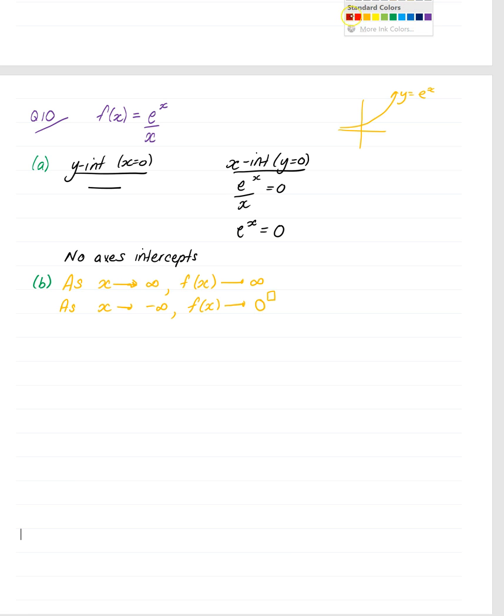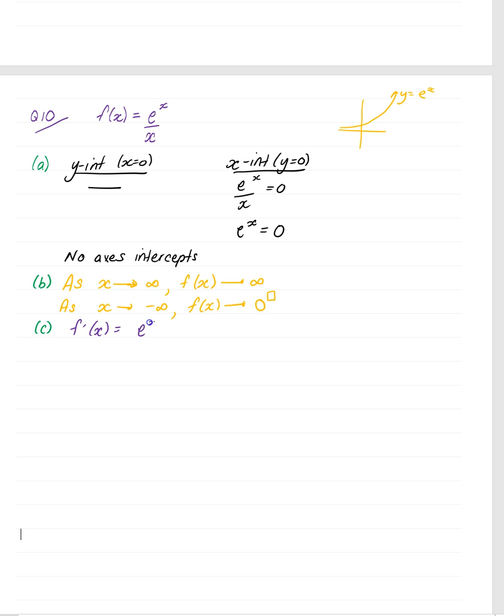Okay, what is it asking us to do next? We want to find and classify any stationary points. So no surprises there, we have to differentiate. Because we've got a function divided by a function, we happily plod along with our quotient rule.